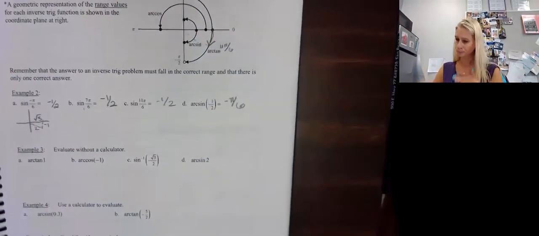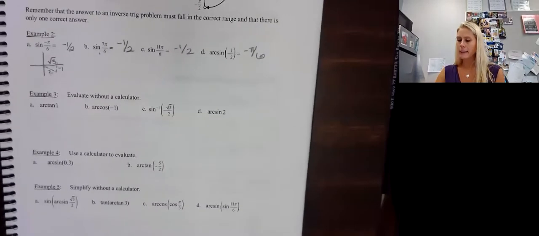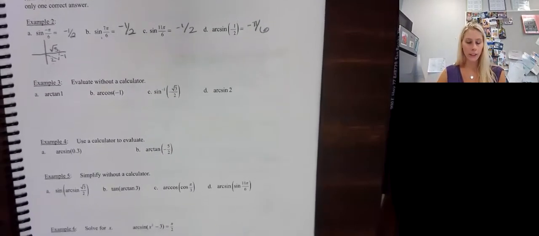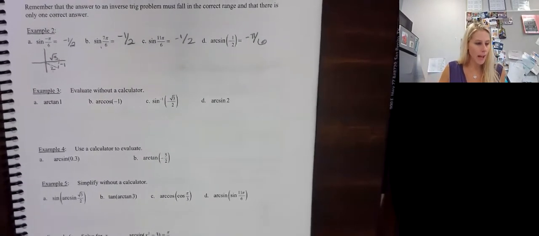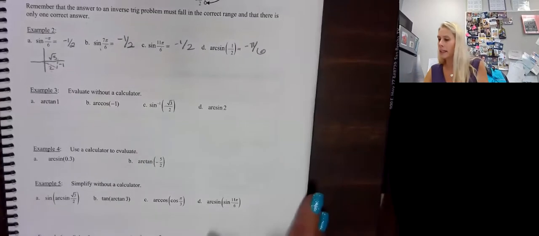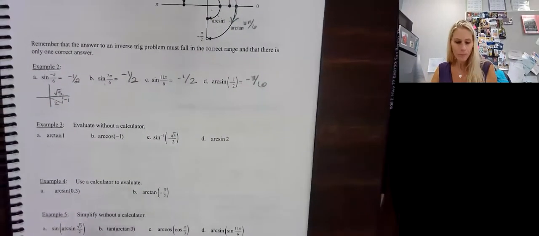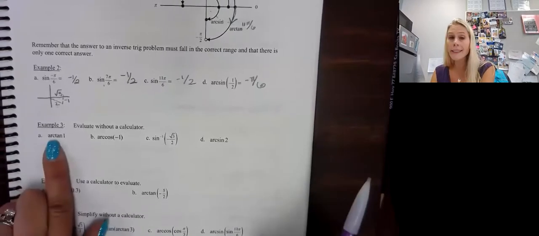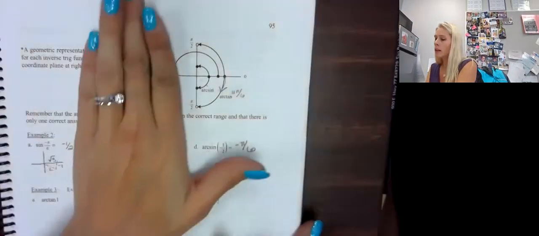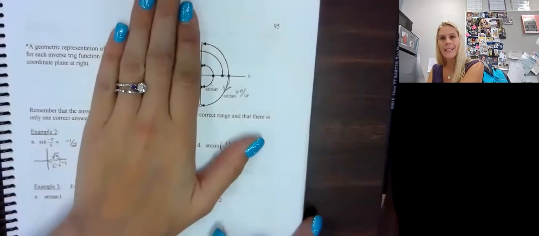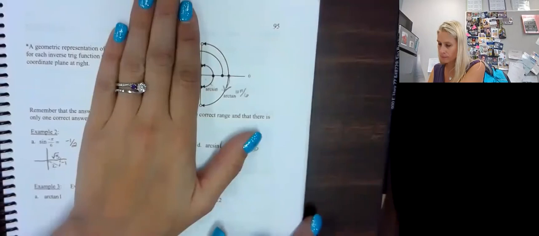All right, so what happens with tangent? Well, the good thing is tangent is the same thing as sine, where we cover up that left side. So when we look at our unit circle and we say arc tangent of 1, where is tangent 1 on the left side here? Let's think about this.